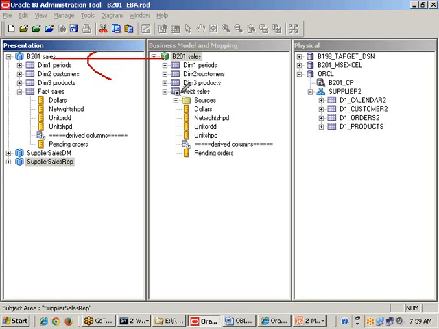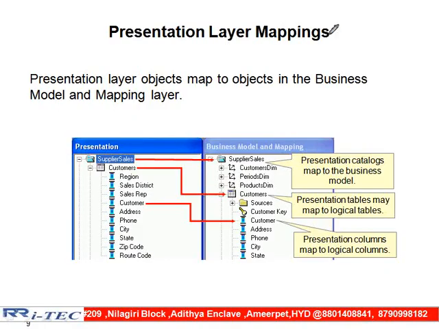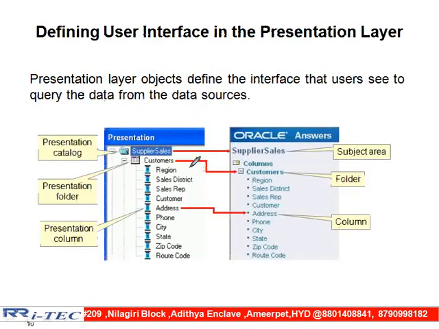Subject area. Whatever logical table is available appears as presentation table. Whatever logical column is available appears as presentation column. That is what I am saying as your objects mapping: business model is equivalent to subject area, logical table to presentation table, and logical column to presentation column.